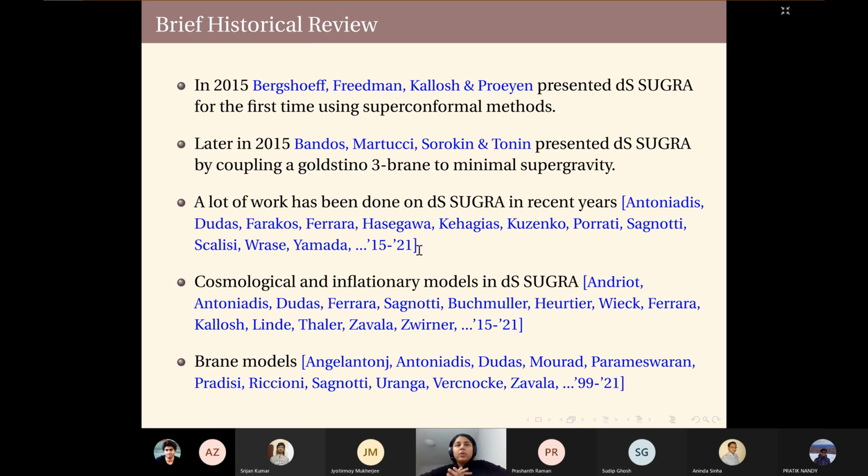After that, a lot of other work has been done in de Sitter supergravity in recent years. Here are only some of the names; I couldn't include all the names in just one slide. They have studied properties of nilpotent supergravity, scanned the supersymmetry breaking scale and the gravitino mass in pure dS supergravity, and coupled pure dS supergravity to matter, among other things.